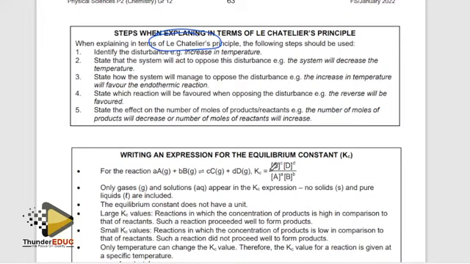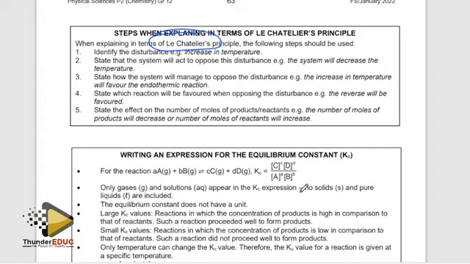We have concentration, we have temperature, we have pressure. Those are the three factors which affect chemical equilibrium.